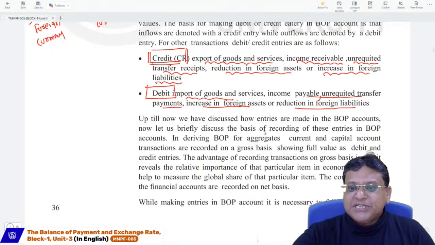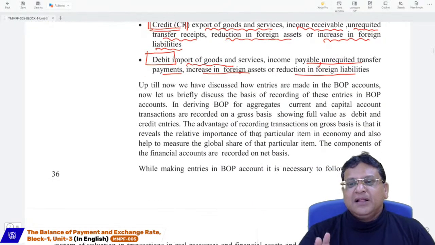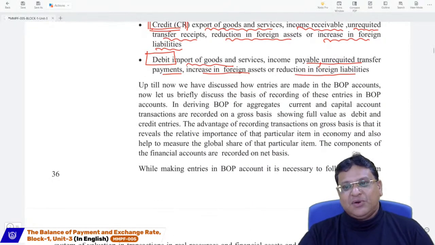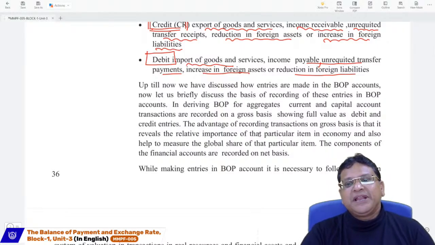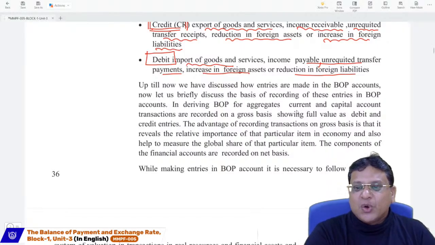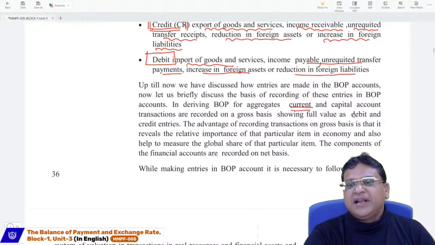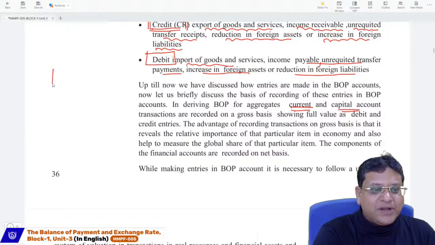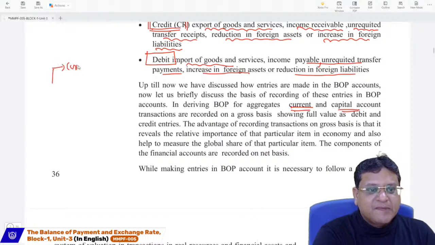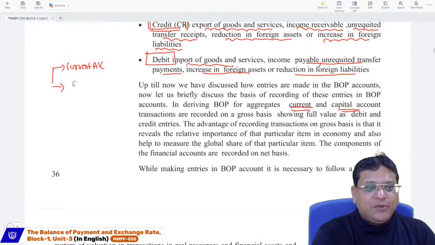Next, in the BOP statement, there are two types of headings under which transactions will be recorded. One heading is current account, another heading is capital account. So there will be some current account transactions and there will be some capital account transactions. What is a current account transaction?